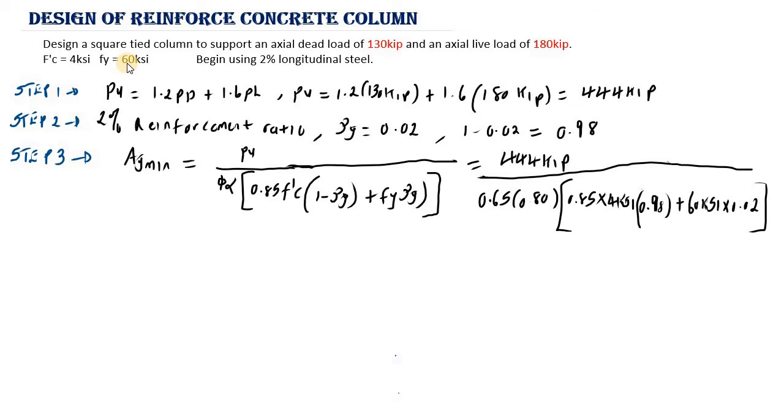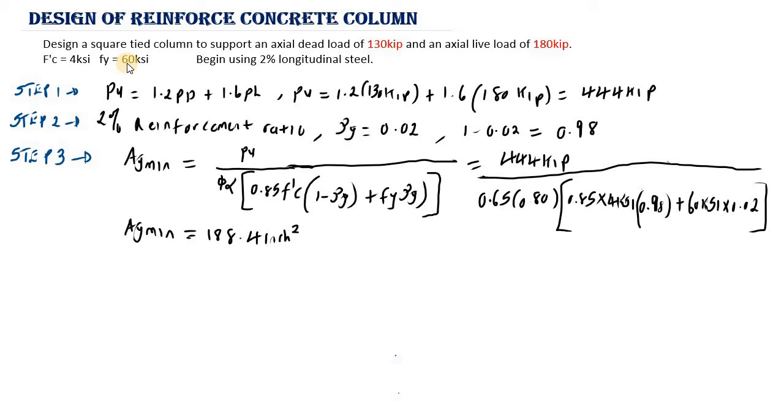Then you just need to calculate these values using your calculator. You are going to get AG minimum, which is the gross minimum area. AG minimum is equal to 188.4 inch square. So this is the minimum gross area. That is for step 3.